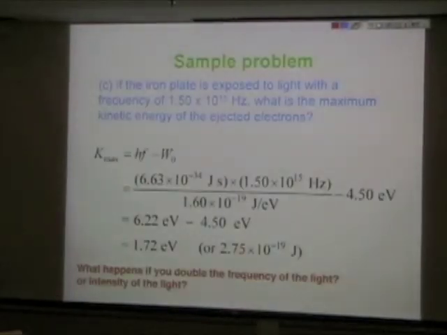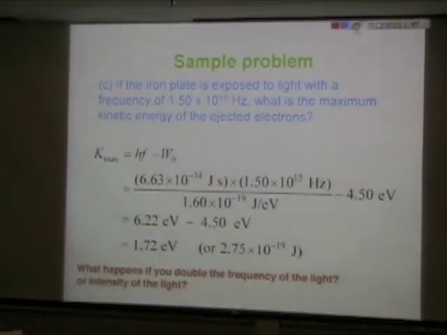Let's start with some questions. Well, this is an example of a calculation from last week. A straightforward calculation gives the maximum kinetic energy for the electrons ejected by light from some zinc plate. The question is, if we double the frequency, does it mean we also double the maximum kinetic energy of the electrons in that experiment?